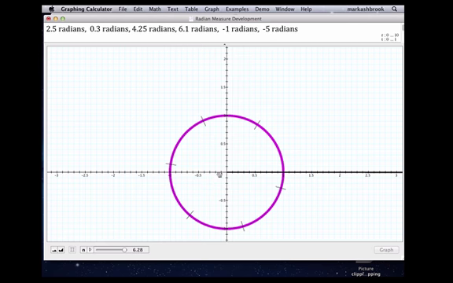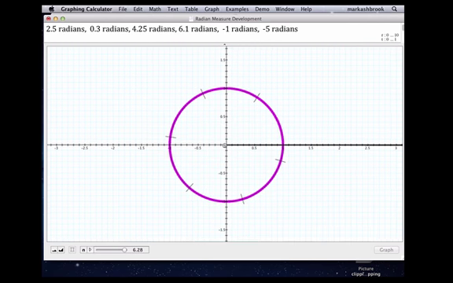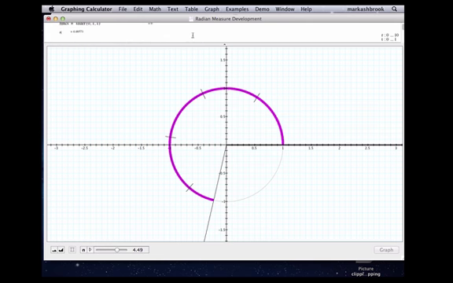Okay, so let's do that. Let's just make a guess here. For halfway around, how many radians to here? That's 3, and this one here? 4. Okay, so just make an initial guess.